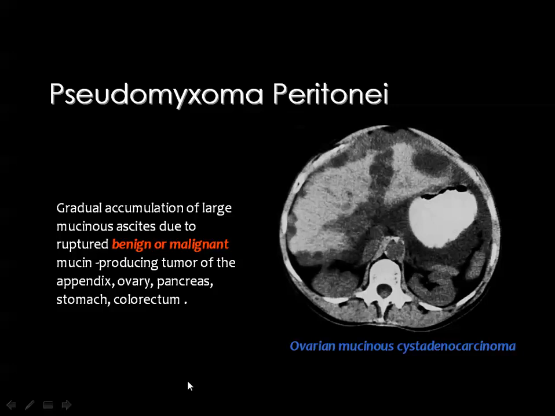On the CT scan, you will see that the peritoneum is filled with what looks like fluid, but of relatively higher density.